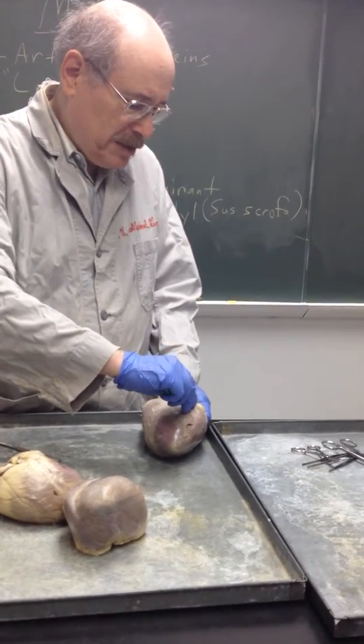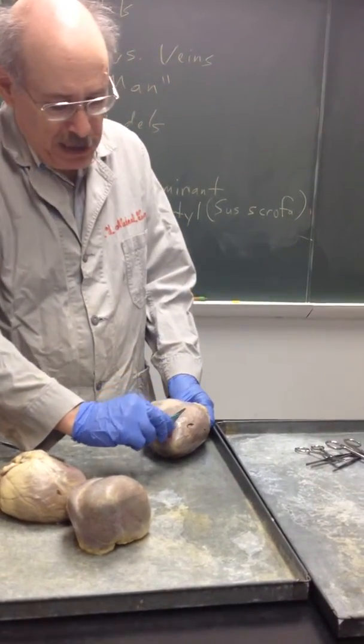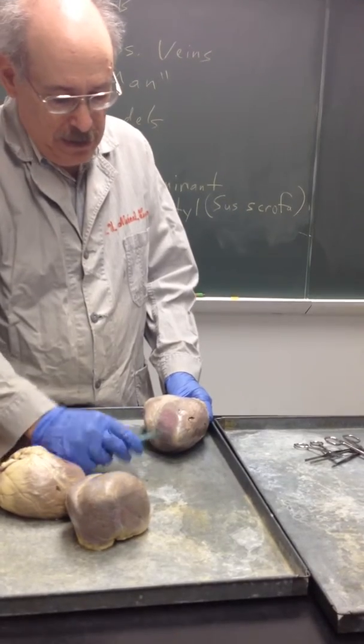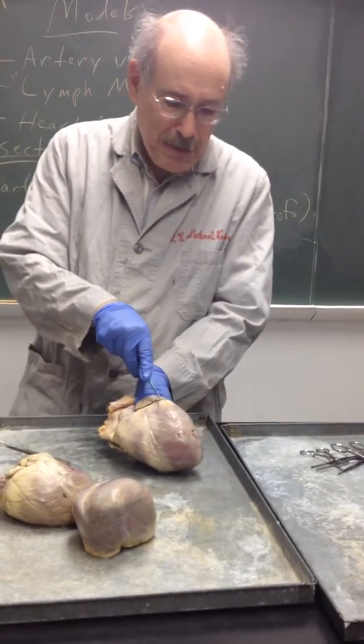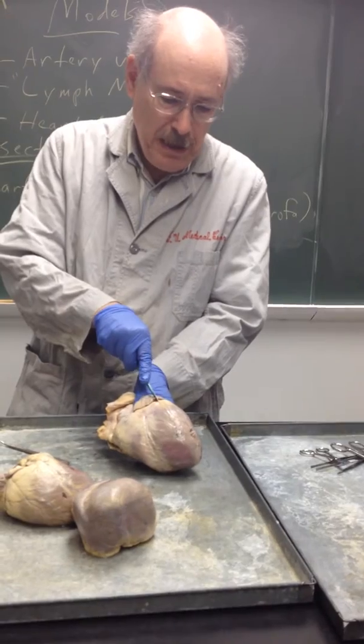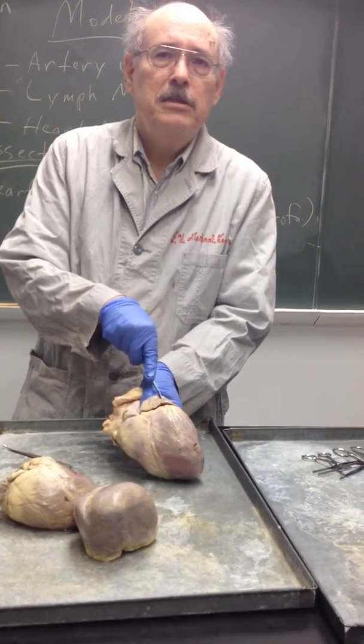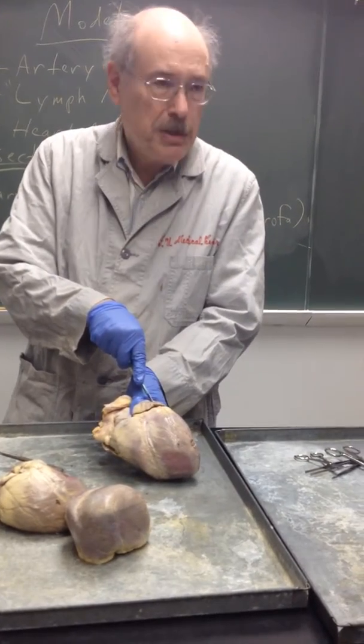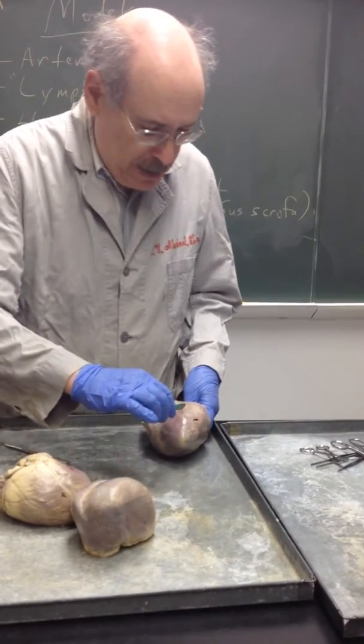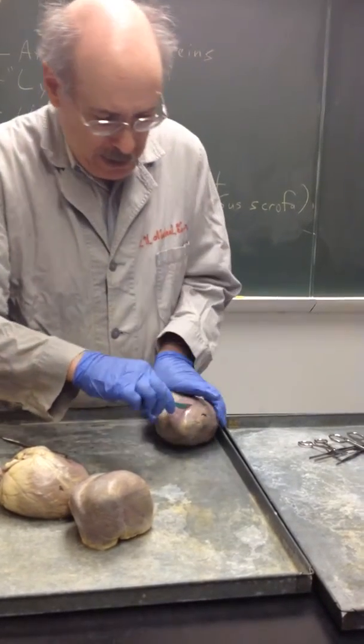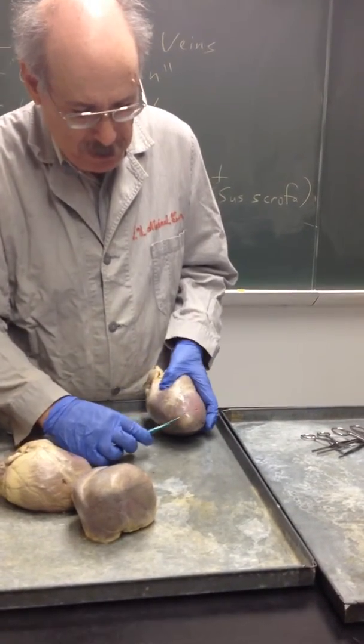Notice here, I'm going to just use the scalpel to make a shallow line. Notice the upper end of this line on the left side also cuts the left atrium, which you want to do. And the lower end of the same line cuts through the apex, which you also need to do.